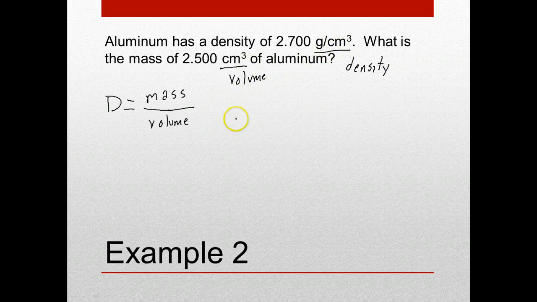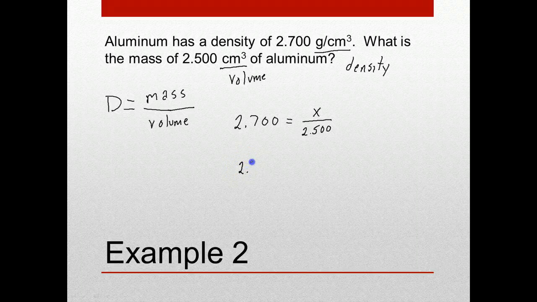So you have 2.700 equals x, which is your mass, divided by 2.500. Now to solve for x, you're going to cross multiply.